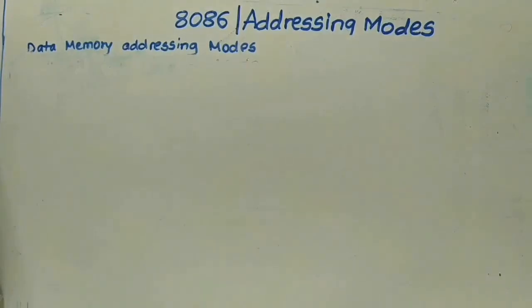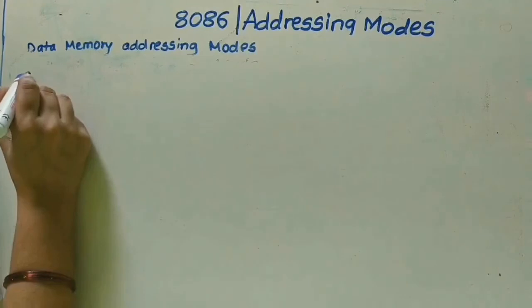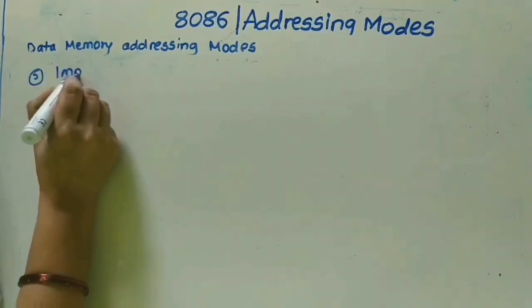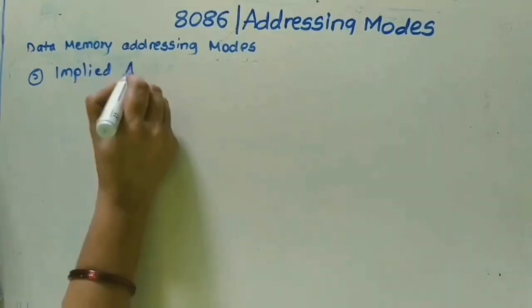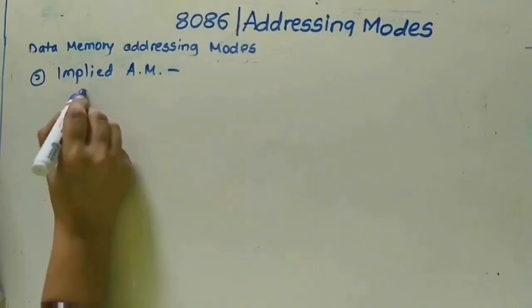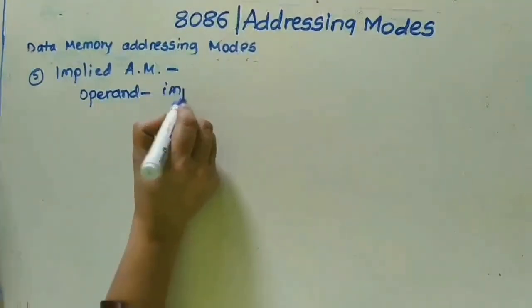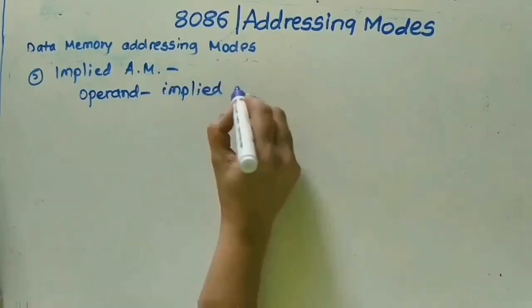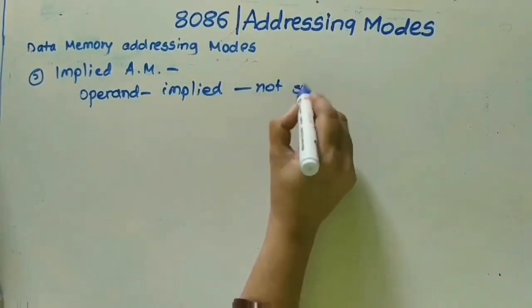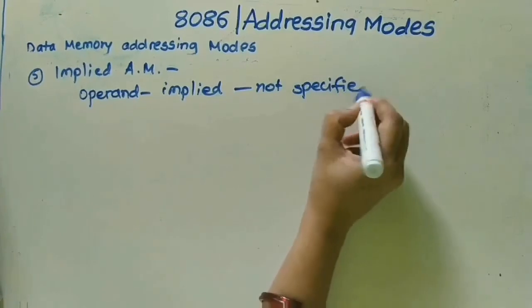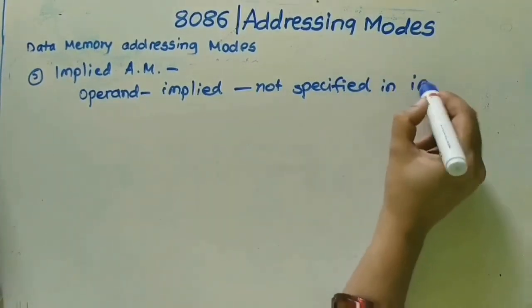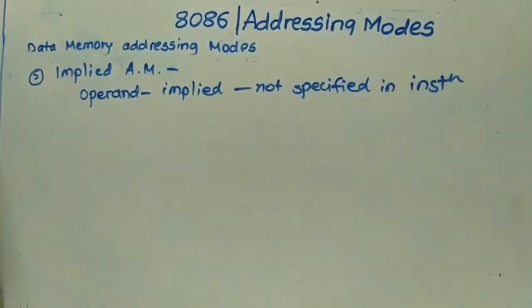Next addressing mode, that is the fifth one, implied addressing mode. In this implied addressing mode, the operands are implied, and that's why they are not specified in the instruction.